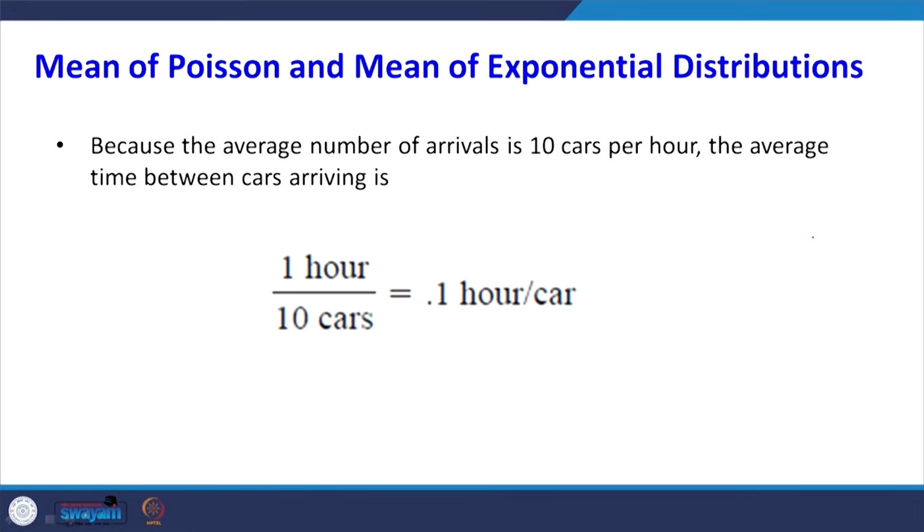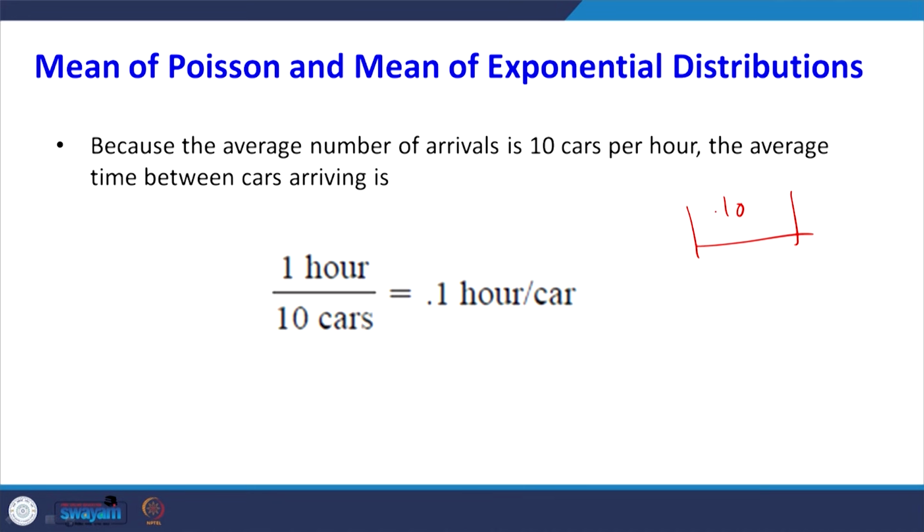So, what is the relationship between the mean of a Poisson and the mean of an exponential distribution? Because the average number of arrivals is 10 cars per hour, in that interval 10 cars are arriving. So, this mean is taken for the Poisson distribution, but 1 by 10 is taken as the mean for the exponential distribution, that means the time between arrivals. So, that is the link.